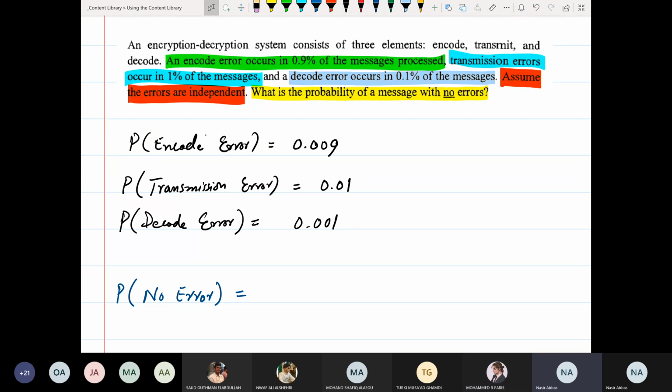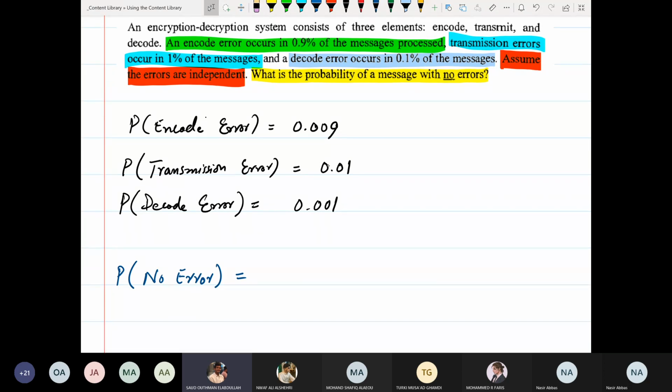No error means no encode error, no transmission error, no decode error. Maybe complement all the errors, for example, 1 minus the probability of encode error, and then 1 minus the probability of transmission error, and so on, and then calculate all of them, like add them.